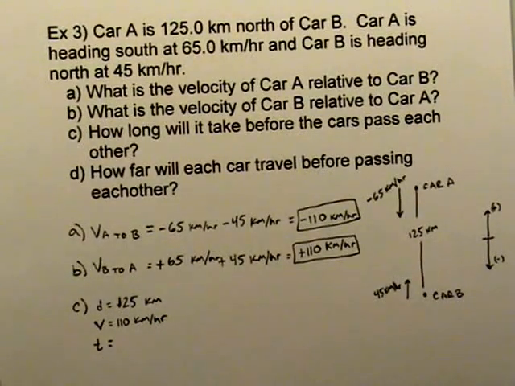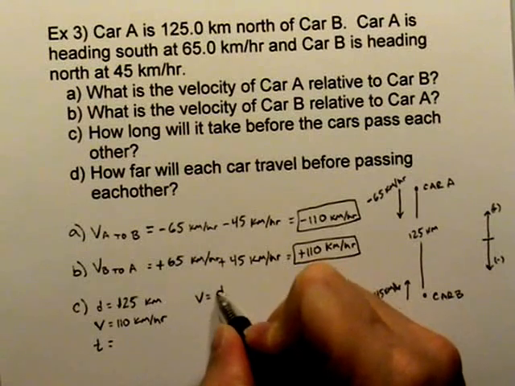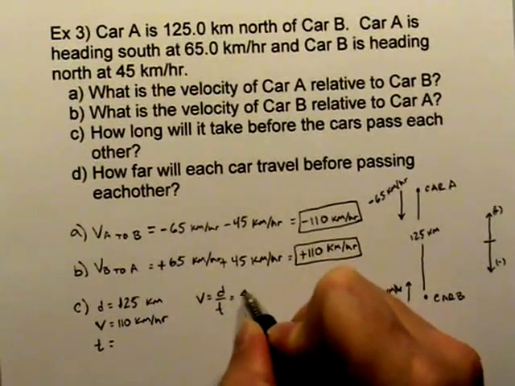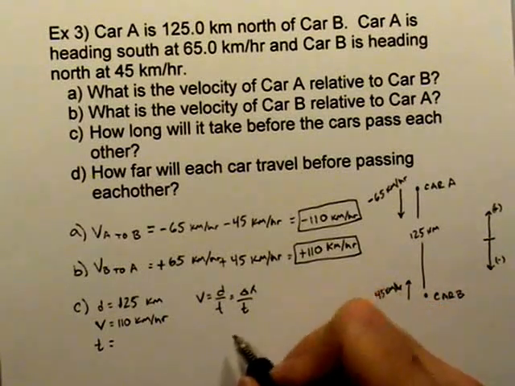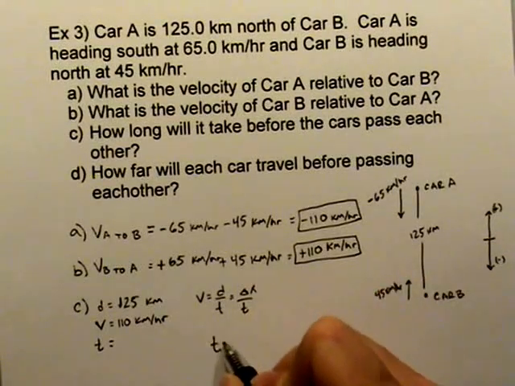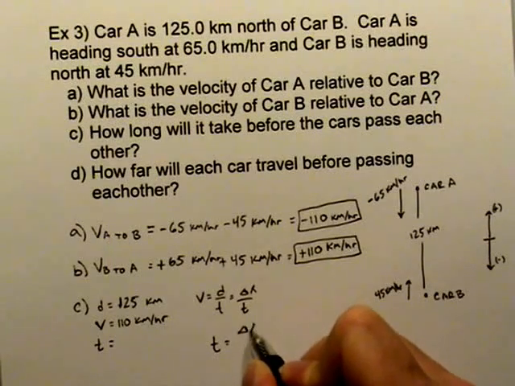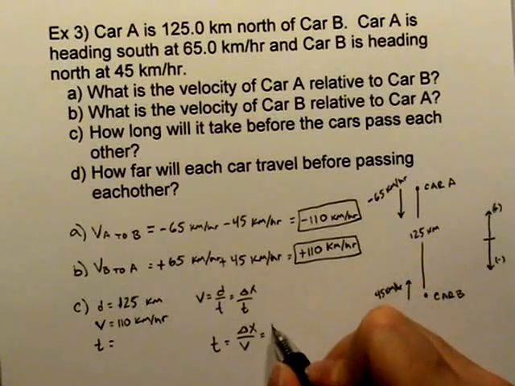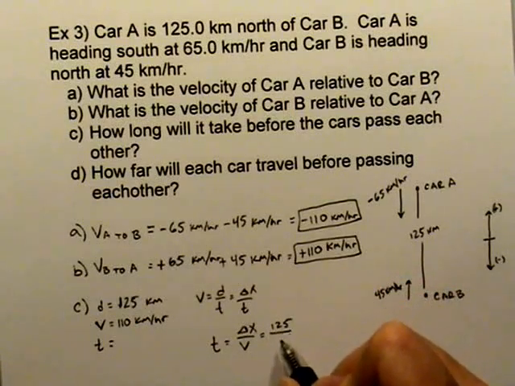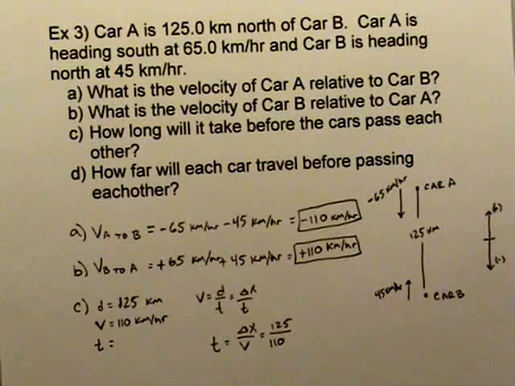In this case, we would use the formula that v is equal to d over t, or v is equal to delta x over t. If we solve that equation, we get t is equal to delta x over v, or d. So that's 125 kilometers over 110 kilometers per hour.